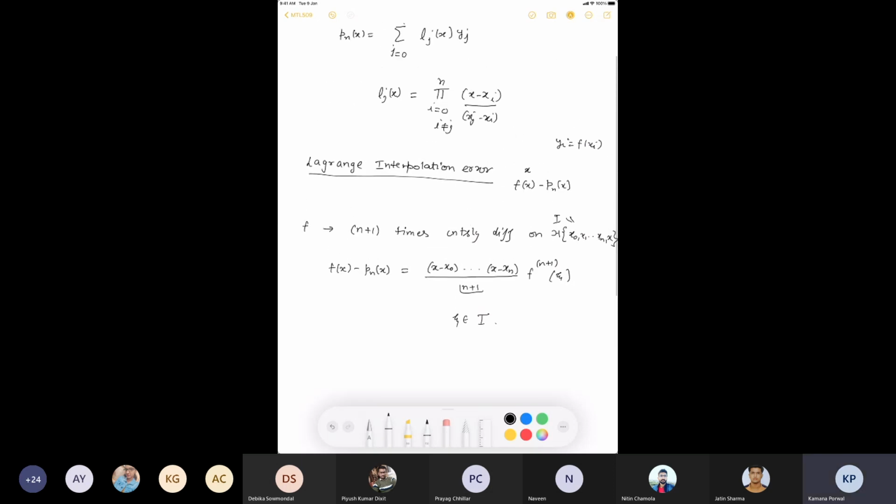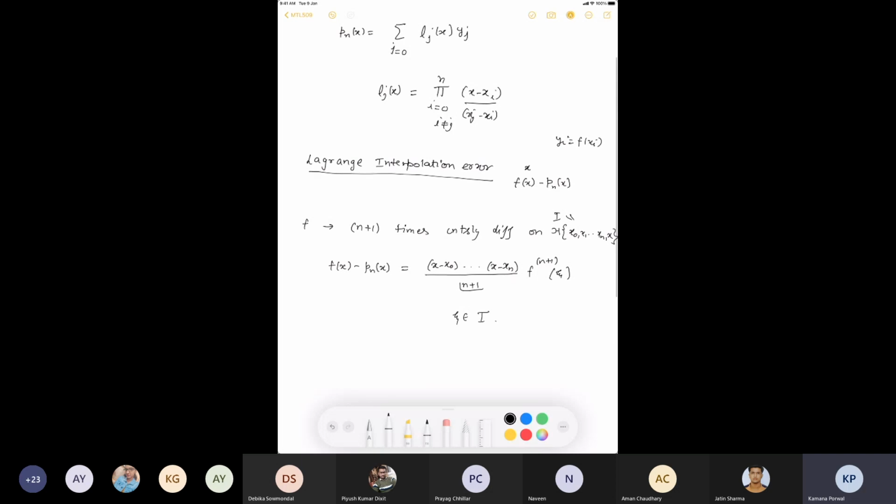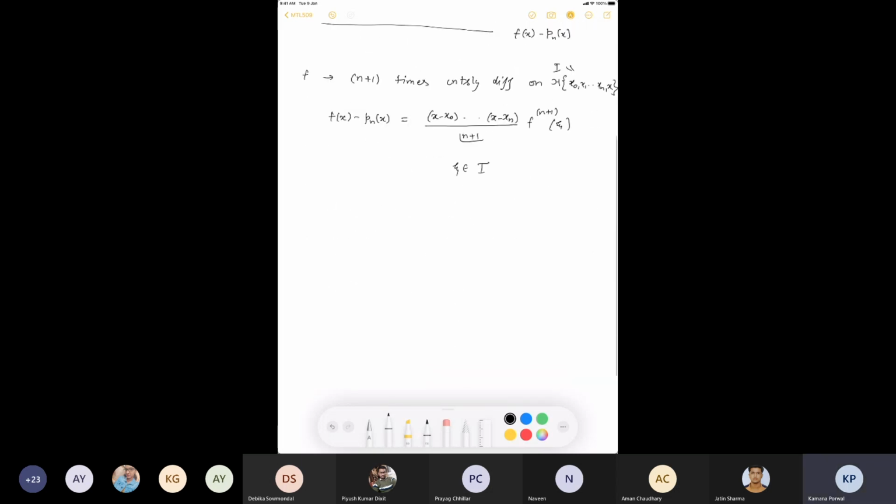So theoretically, this L_j(x) has very nice properties, and for small data you can use it very easily, compute this L_i(x) and find the P_n(x). But there is a drawback with this form of the interpolating polynomial. And what is that drawback?